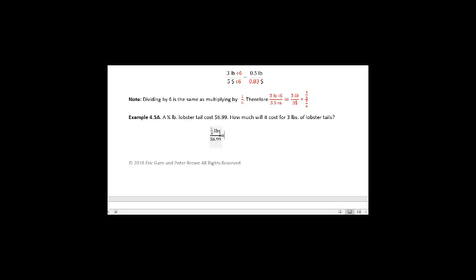So insert an equation here, and I need a fraction. And the 3 pounds is going to go on top. Pounds must equal pounds, and dollars must equal dollars, and I don't know how many dollars, X dollars. So go ahead, pause this, and see if you can come up with the answer, and then restart it.